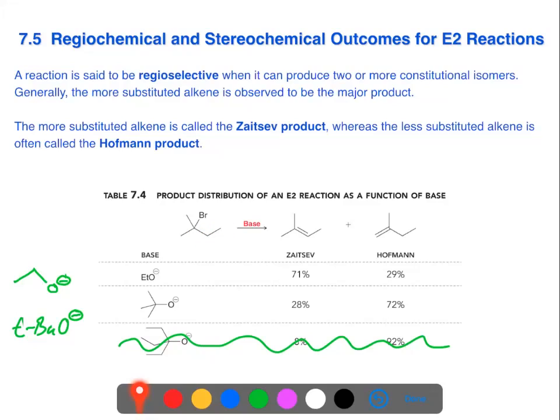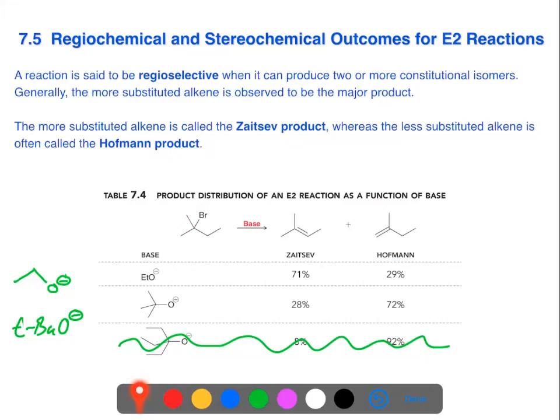The bulky base has a more difficult time accessing this particular beta hydrogen due to sterics. So the majority of the product results from this hydrogen being lost as a proton when tertiary butoxide is used. We form more of the Hofmann, or the disubstituted alkene, when the bulkier base is used because it just has easier access to the hydrogens attached to that beta carbon.